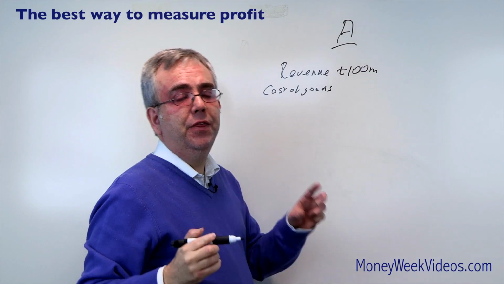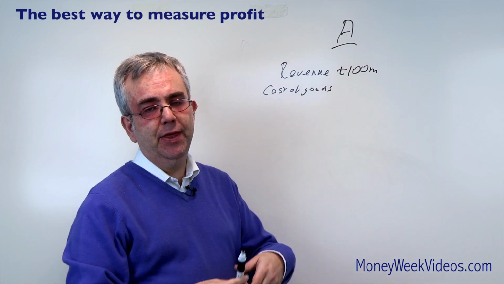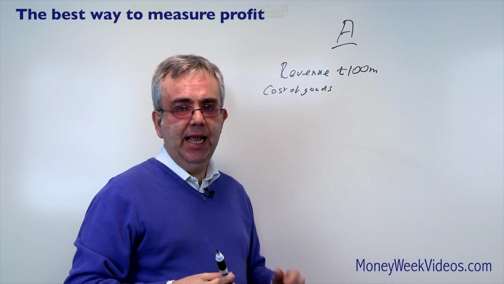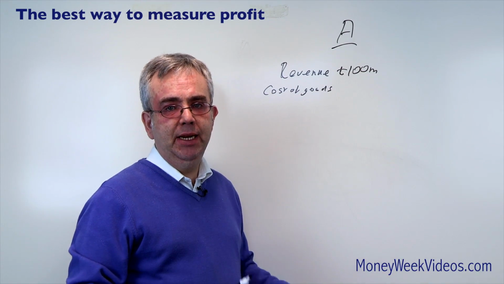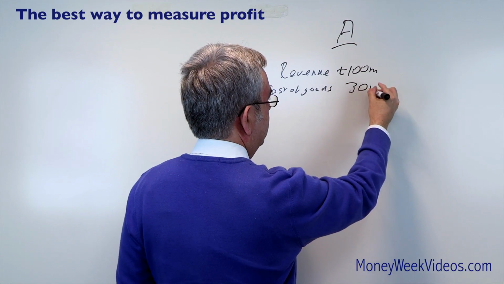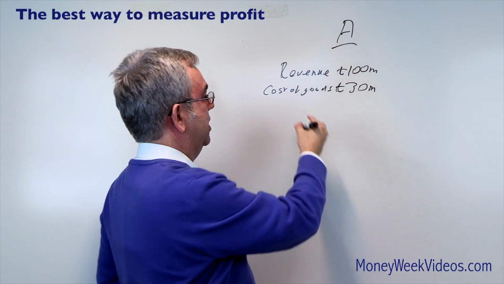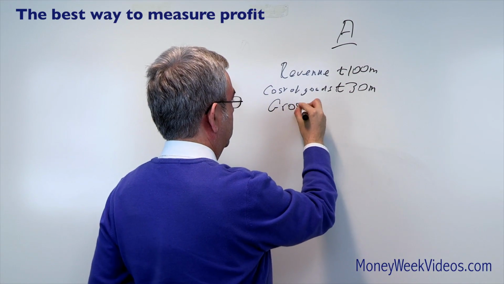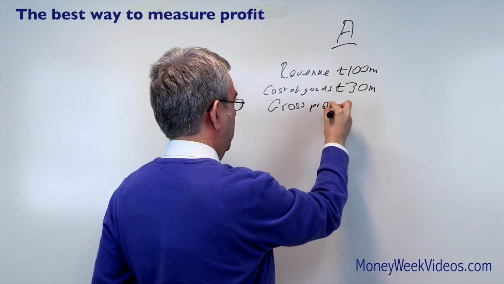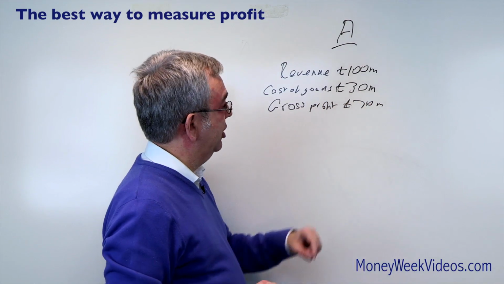Now that's the costs that are directly relevant to the making of those tables. So things like the wood and things like paying the staff who are actually on the assembly line and directly making the tables. So that cost of goods is 30 million. And so we then get a gross profit taking 30 away from 100, which is 70 million, that's the gross profit.